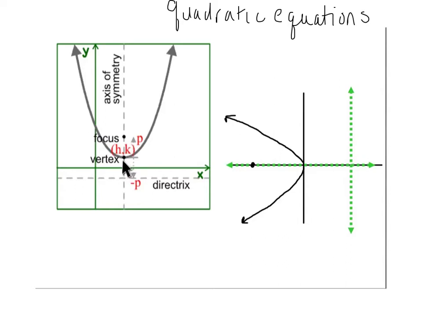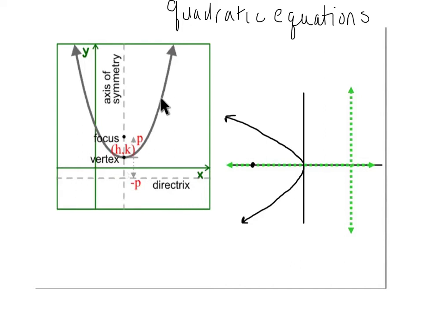A parabola is formed, and you'll see it on the next slide. The distance from the focus to a point on the parabola is the same distance from the point on the parabola to this line down here called the directrix.